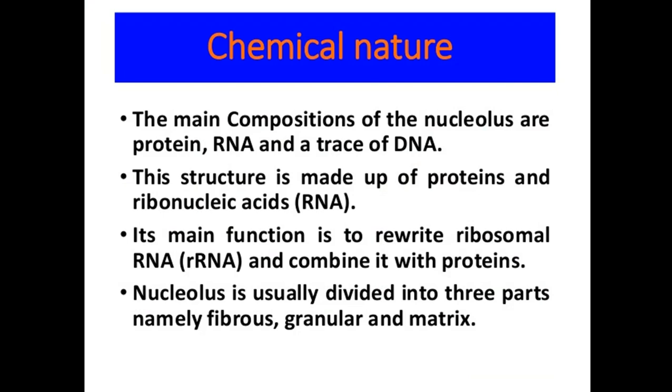Then, if you look into the chemical nature, the main composition of the nucleolus is protein, RNA, and a trace of DNA, that is the rDNA. This structure is made up of proteins and ribonucleic acids.